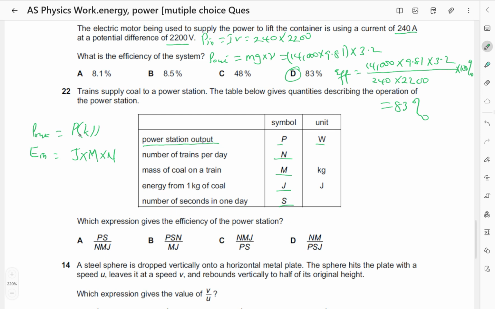But in 1 day we have S seconds, so we divide by the time of 1 day, which is S, to find the power. So power in is going to be J M N divided by time 1 day, which is S in seconds. So the efficiency is going to be the power output, which is P, divided by J M N, and the S goes up. So the answer is going to be A.